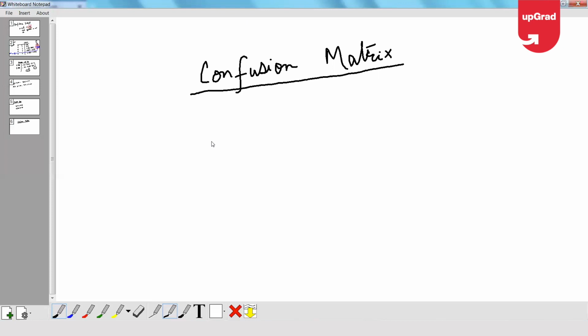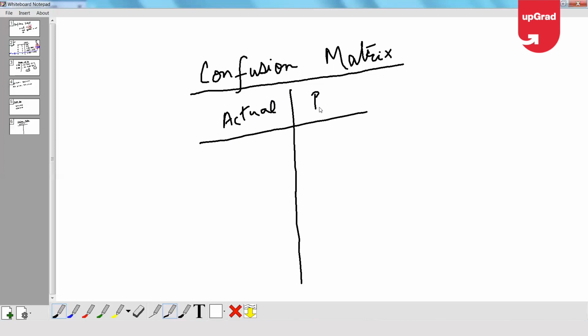So in a confusion matrix, we look at the actual value and the predicted value.